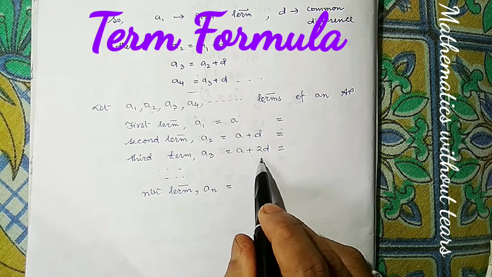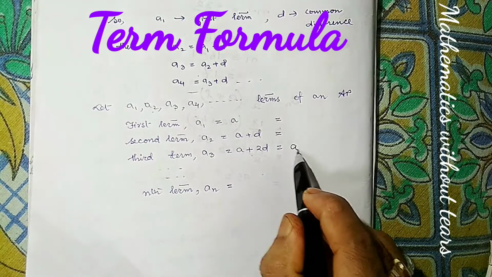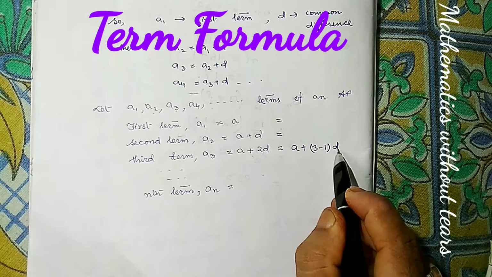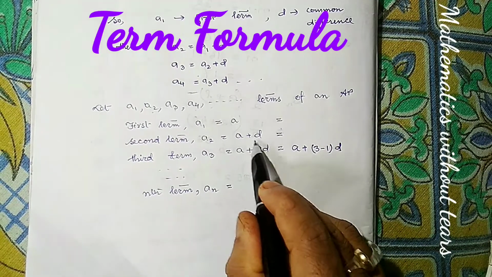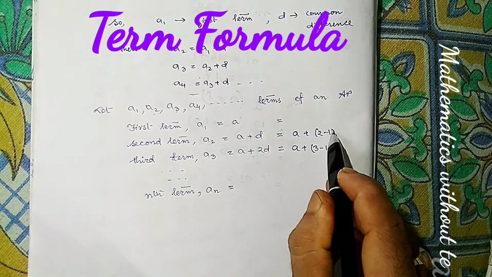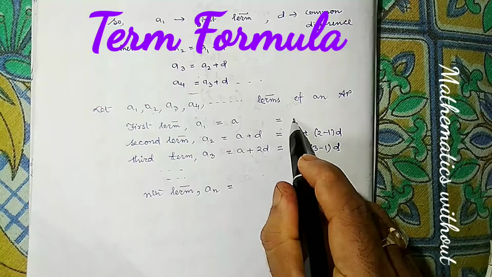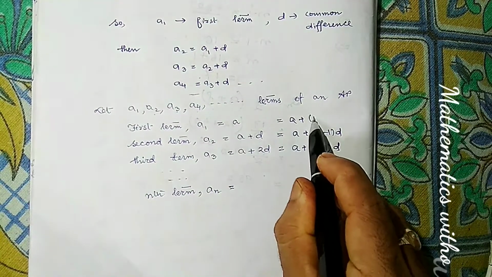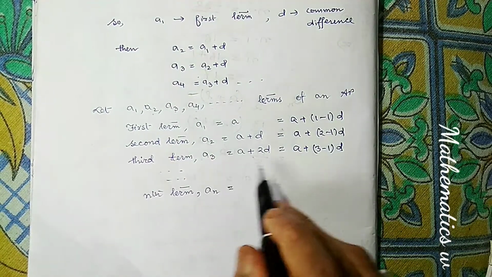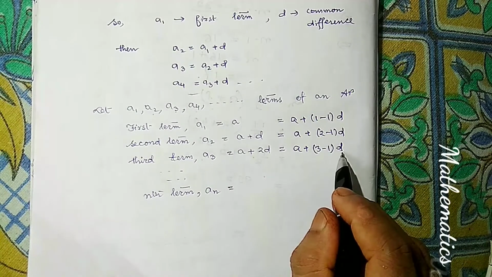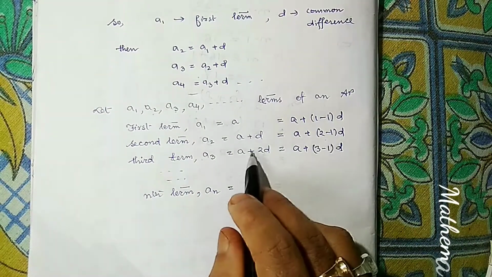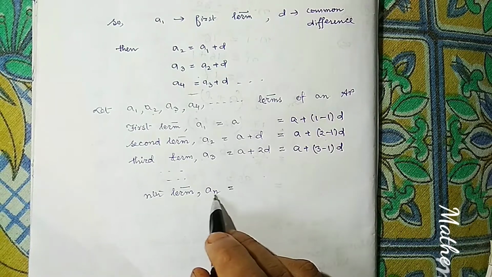Now this A plus 2D, I can write as A plus 3 minus 1 into D, because 3 minus 1 is 2. Here it is 1D, I can write A plus 2 minus 1 into D. Similarly here also I can write A plus 1 minus 1 into D. Now just check, A3 is A plus 3 minus 1 into D. A2 is A plus 2 minus 1 into D. So in this way if I think, what will be the nth term?